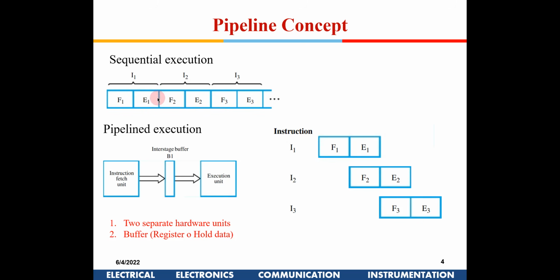Now, instead of 2 instructions being run parallelly, if I divide this instruction I1 into 1, 2, 3, 4, and I2 also into 1, 2, 3, 4, then each of those blocks might take only 2.5 nanoseconds. I'm just giving rough values.